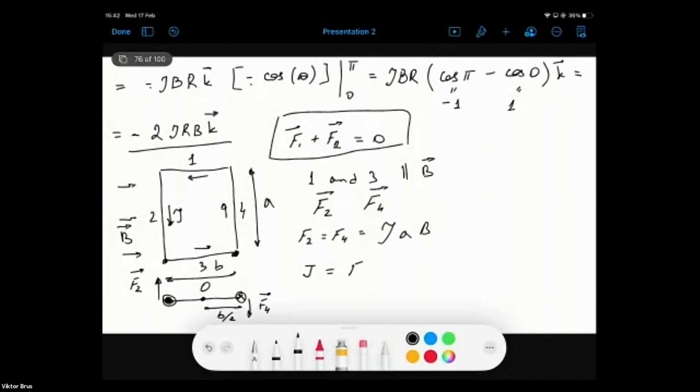It will be F2 times b divided by 2 plus F4 times b divided by 2. And we know the magnitudes. It will be I times a times B times the sum of these distances.